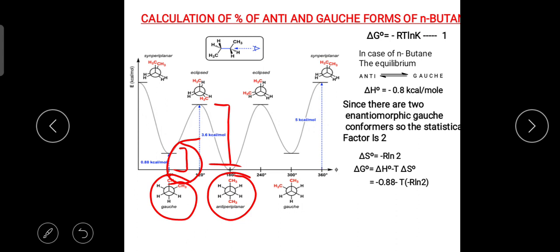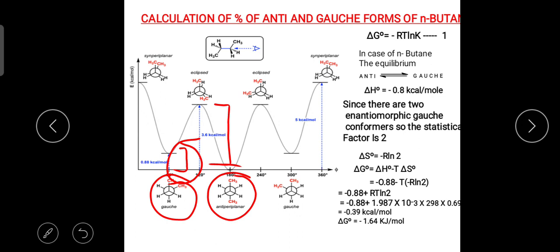If we put the values into this equation, ΔH0 is equal to minus 0.8 and ΔS0 is equal to minus R ln 2, and after the calculation you can find the value of ΔG0, which is equal to minus 1.64 kilojoule per mole. So the value of ΔG0 is minus 1.64 kilojoule per mole.